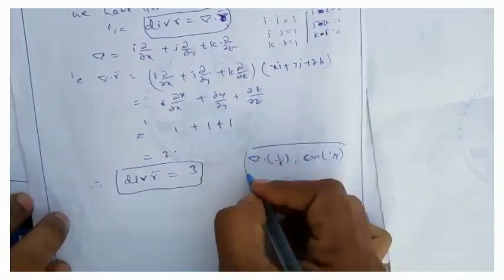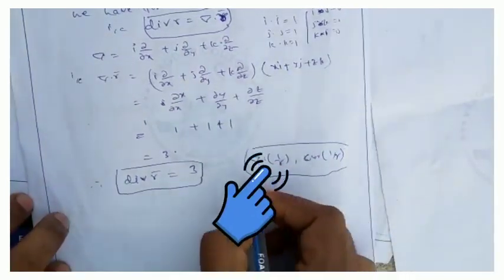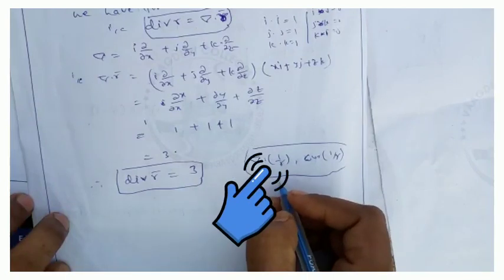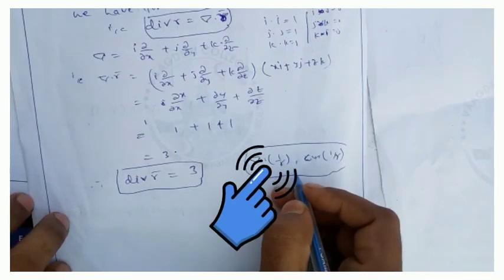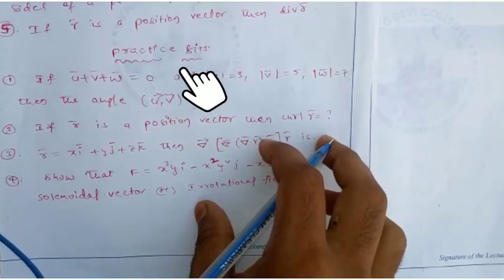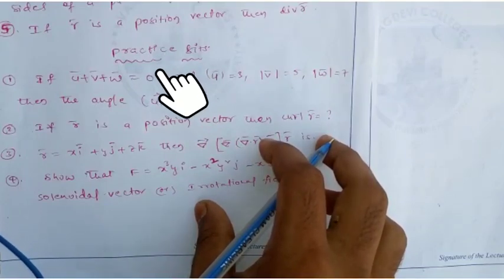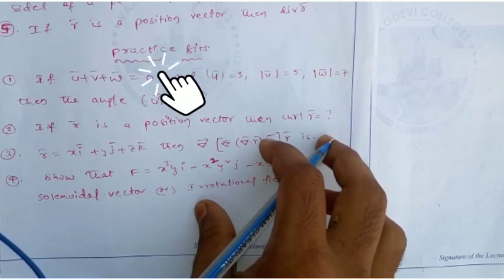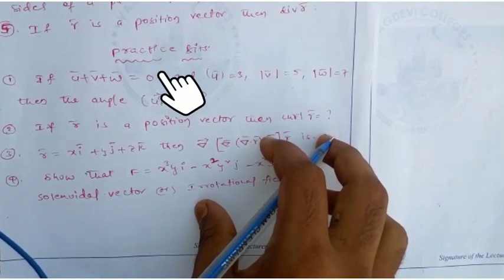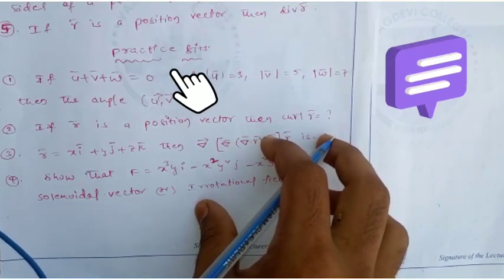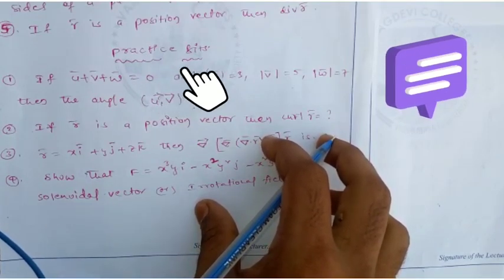These kind of questions are also asked in the examination. Once you can solve these questions and can remember these values, because these are fixed identities. So here are some practice bits. You can do it and post the answers in the comment section, and if you don't get answers, I will tell you in the next video.